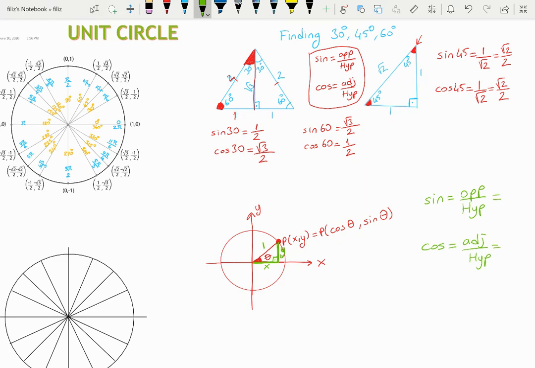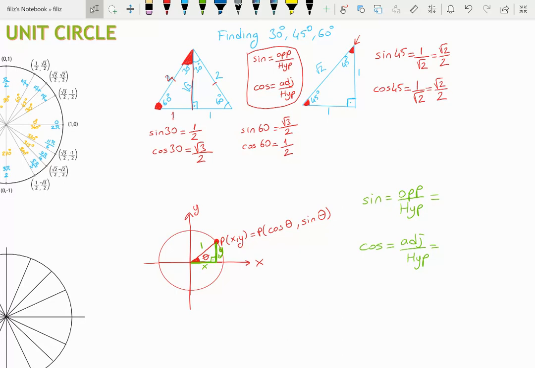In this triangle here, what is my opposite side for this angle theta? It's y, right? And hypotenuse 1. So actually my sine in this triangle is the y value. How about cosine? Cosine is adjacent.